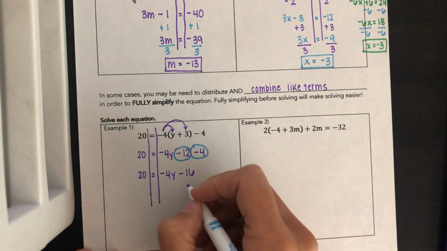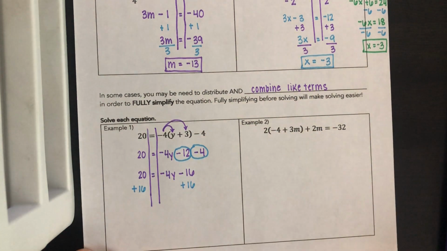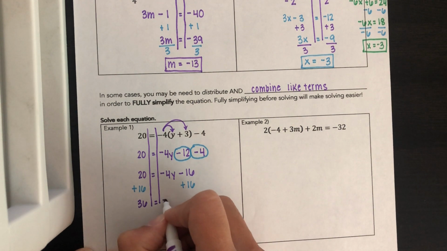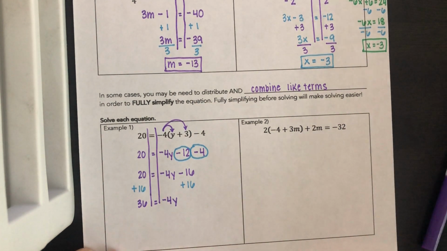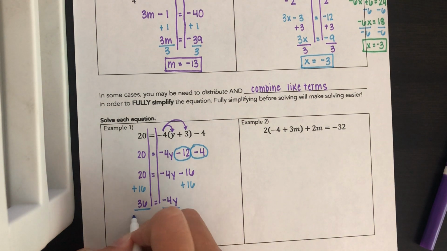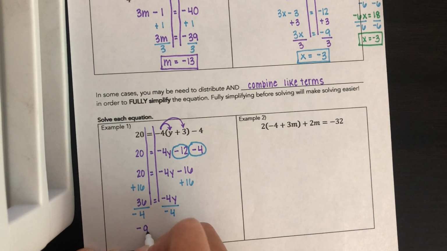So I'll go ahead and undo subtracting 16 by adding 16 to both sides of my equation. My new equation will be 36 is equal to -4y. I'll undo multiplying y by -4 by dividing both sides by -4. And I'm left with -9 is equal to y.